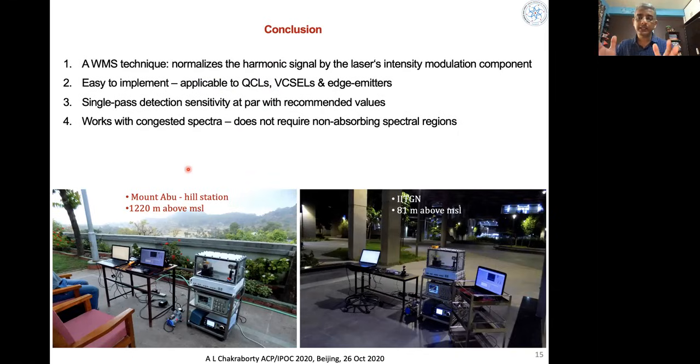You don't need access to both ends of the spectral wings. You don't need to pre-characterize the laser. And you can use the same technique for the different kinds of lasers that are widely used. The single pass detection is what we've shown you. It works for congested spectra as well.